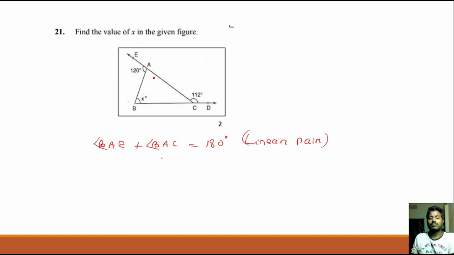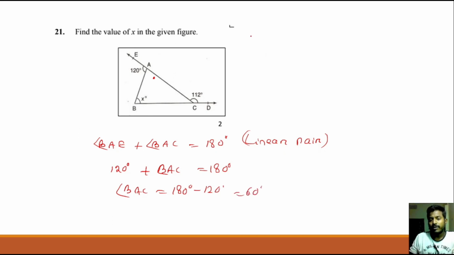Yes or no? Now put the value. BAE is 120, plus BAC is equal to 180. Now BAC is equal to 180 minus 120, which is 60.